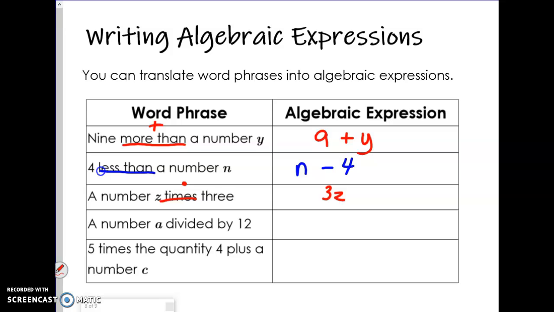Phone a friend? Rylan? Divided by, what operation are you going to do? Yeah, dividing, division. So again, we don't want to use this division symbol that you would normally use, right? We're going to either use a slash or a fraction bar for division in algebra. So we would say a divided by 12, we're most likely going to write it like this. A over 12.